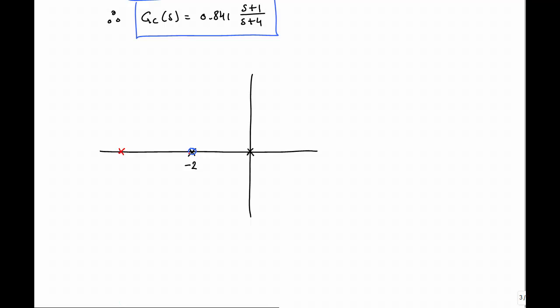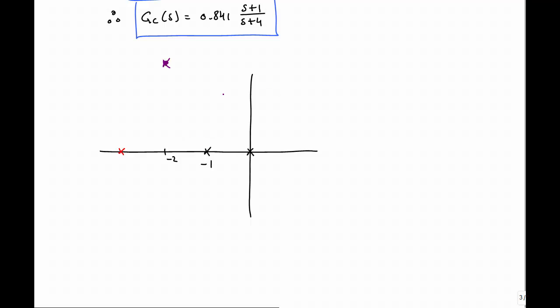Now we could have moved this slightly to the left, and we could solve that as well. And let's see if we did something like that. Let me go ahead and put this back here. We have minus 1, so that's the system we're working with, and we want our closed loop pole to be at minus 2 plus j 2.1, about right here.